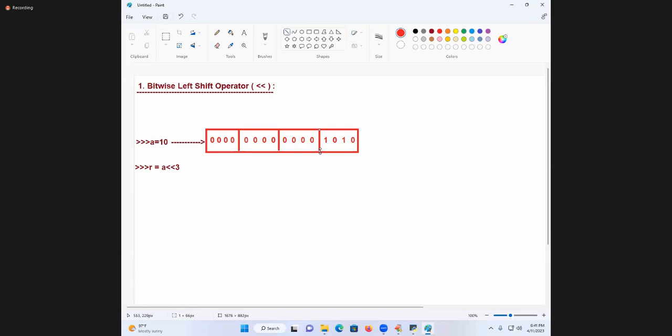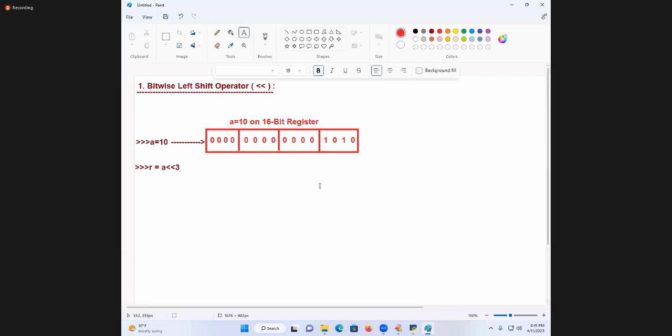A 12-bit register will not exist. Don't extend 4, 8, 12 like that. 4 becomes 8, and 8 becomes 16. So A is equal to 10 is on which register? A 16-bit register. I will explain slowly. Try to get me.